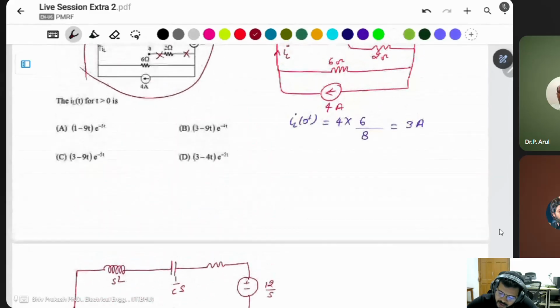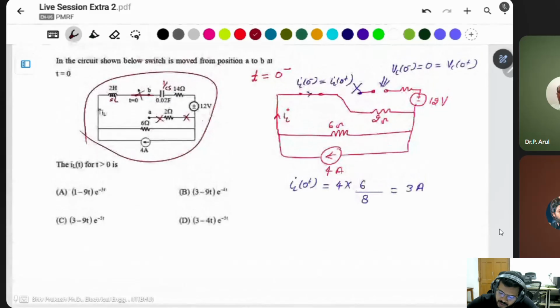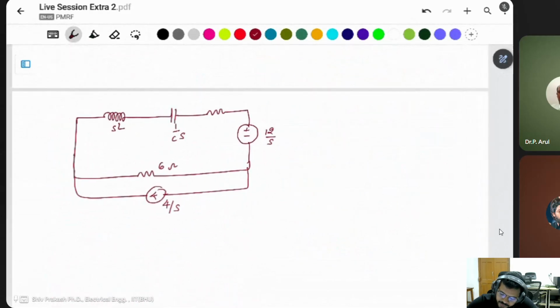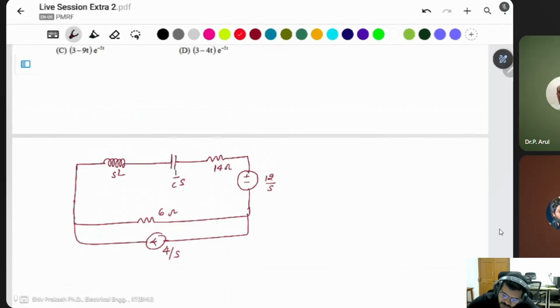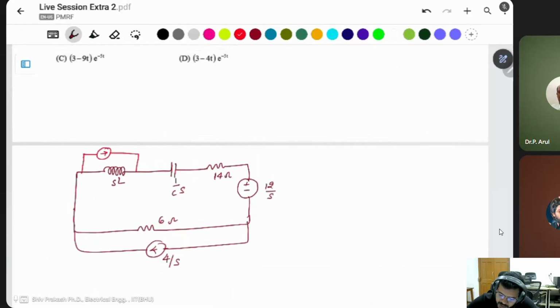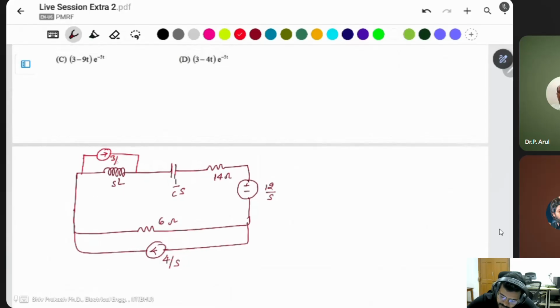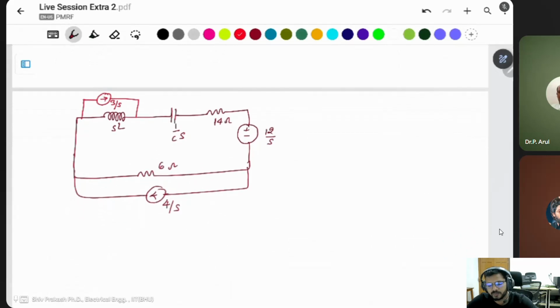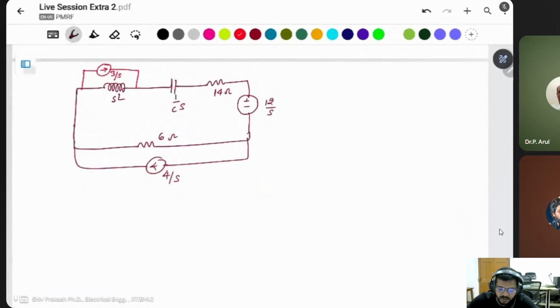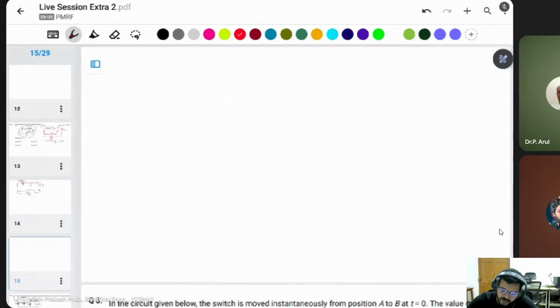And the resistance is 14 ohm. But here there is an initial value of the inductor, so you use the initial current. The initial current of the inductor is 3 ampere, so this will be 3 by S. This is the circuit after t equals 0.